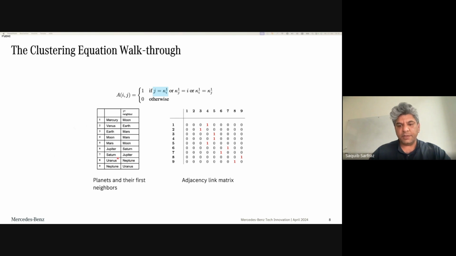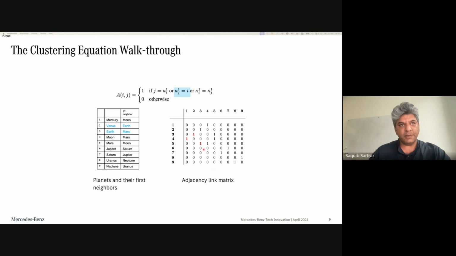With this information, we can now form a 9 by 9 adjacency matrix using the equation here, right? You can see where it is 1, clearly because of linking just the first neighbor to each other. The first condition simply connects its immediate neighbor. The second condition is based on another important observation, that not all samples are symmetric.